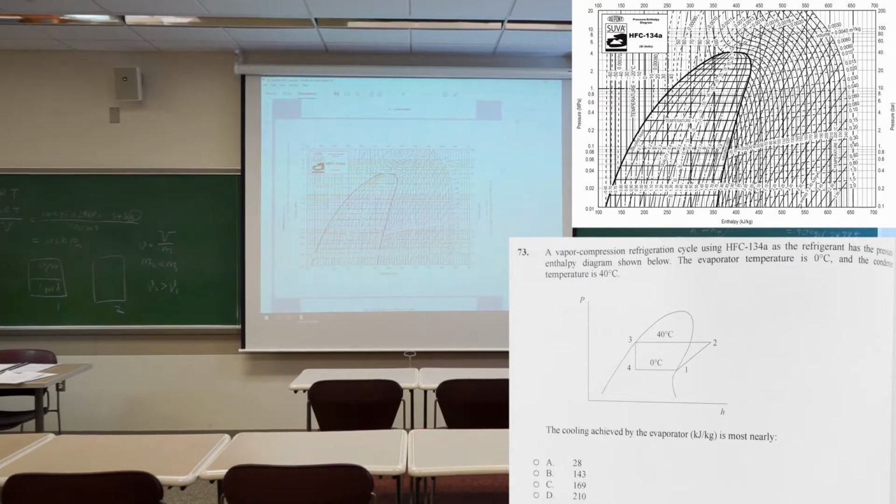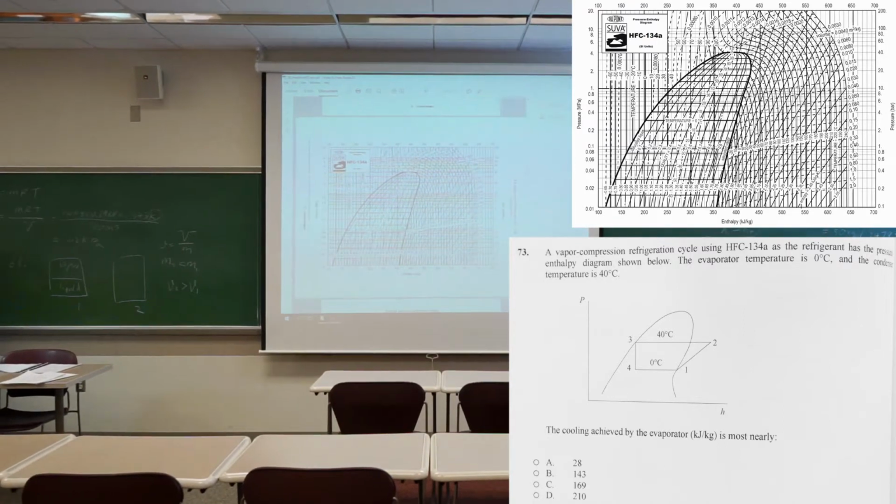So you can find a property by reading this handout, which is this property table. The idea is, you first look at this one. This is what we are very familiar with, the dome shape.